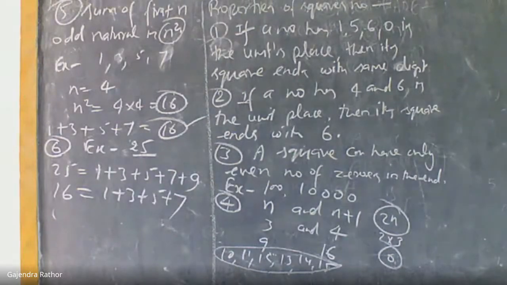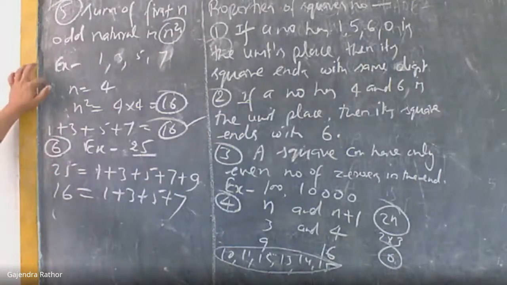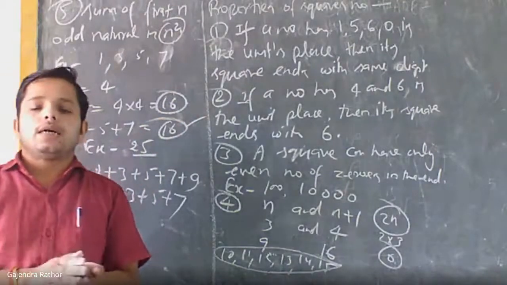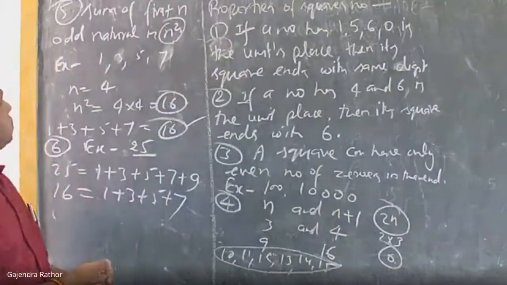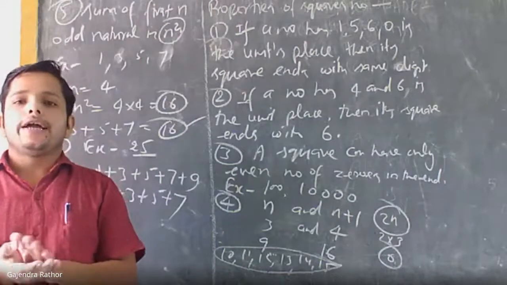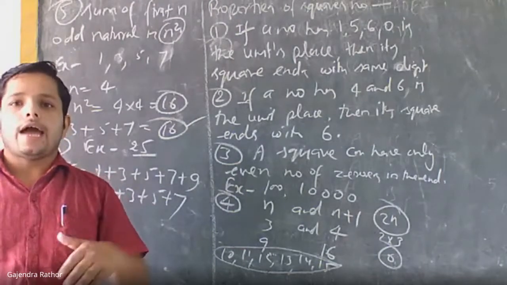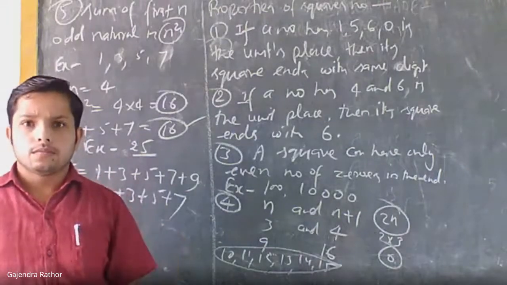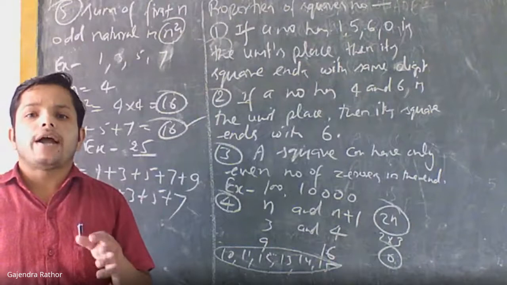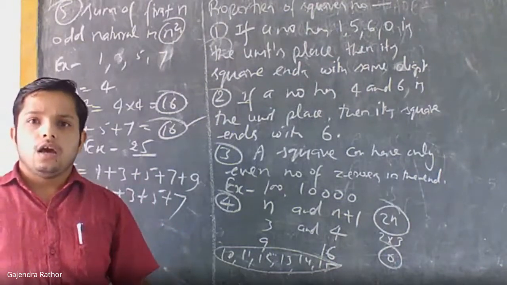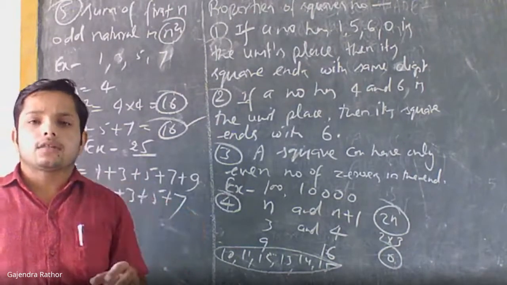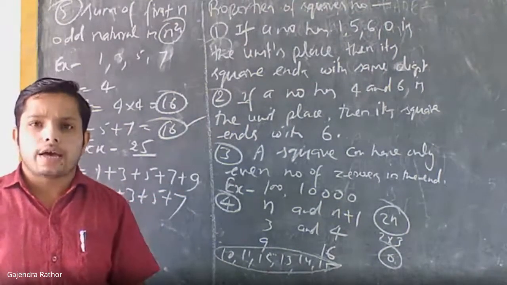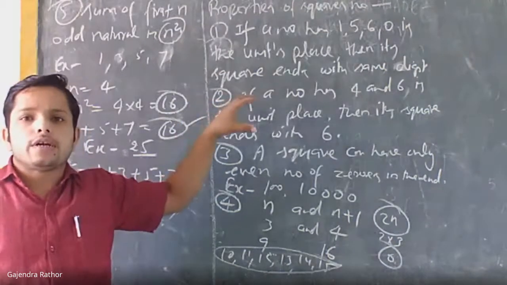Again, fifth and sixth property. If we have some odd natural consecutive numbers like 1, 3, 5, 7, 9, 11, 13, 15, 17, 19, 21 etc. and we have to find the sum of these numbers, if we add all manually, this will be a long process and sometimes we may make errors. For this there is a property of these numbers.